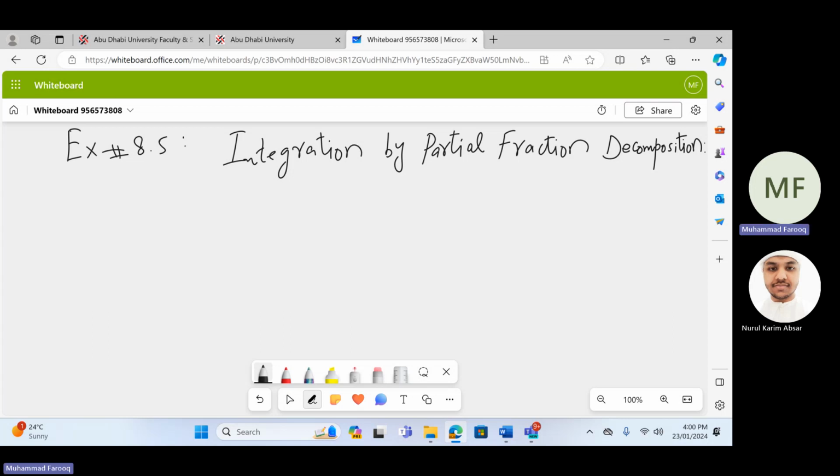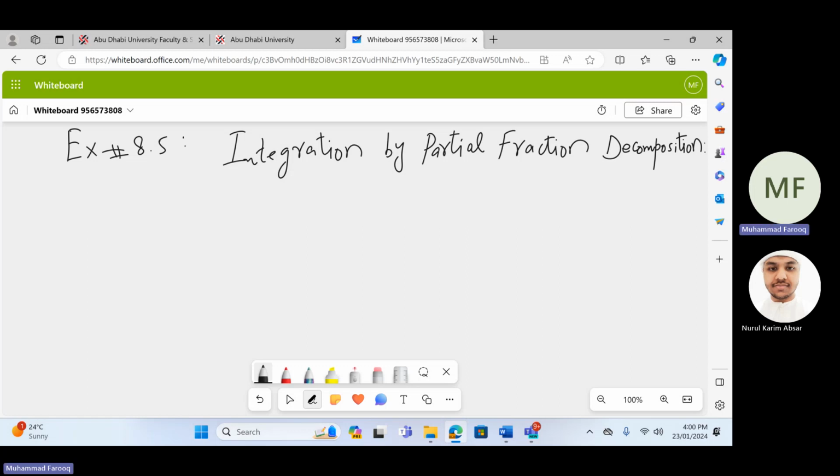That's why first of all we have to review or learn how to decompose the partial fraction. Now, please tell me, what does it mean by partial fraction? Here partial fractions must be proper.